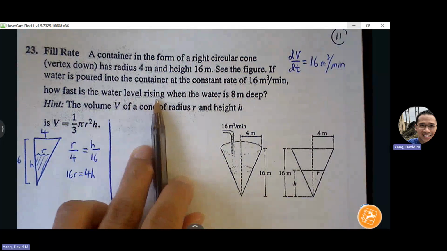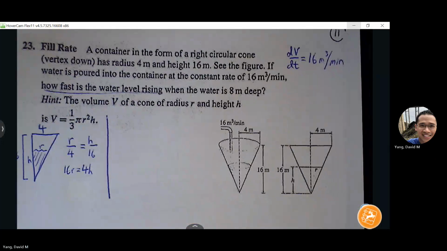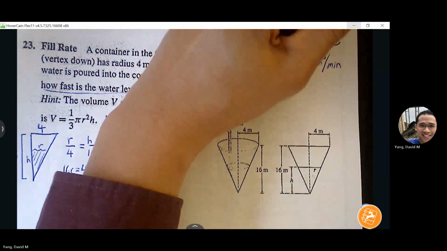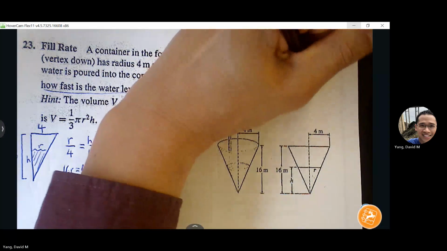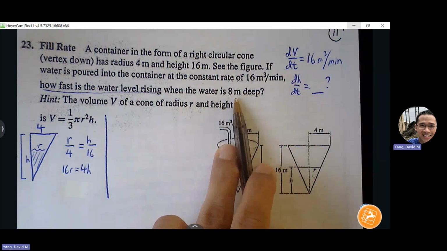Right. How fast is the water level rising? What are we looking for? When the water is 8 meters deep.